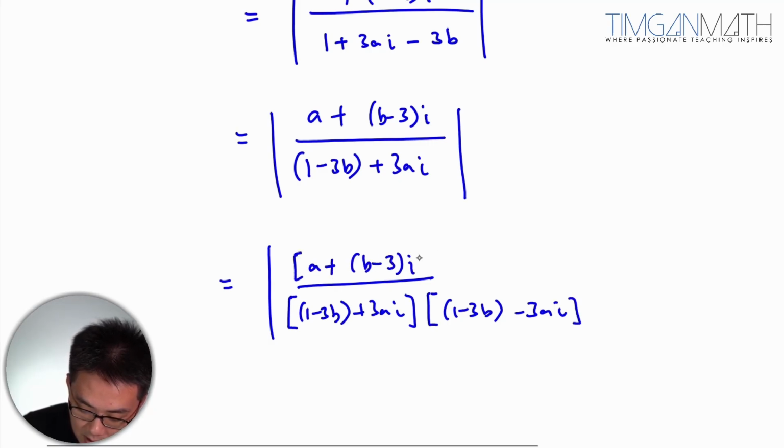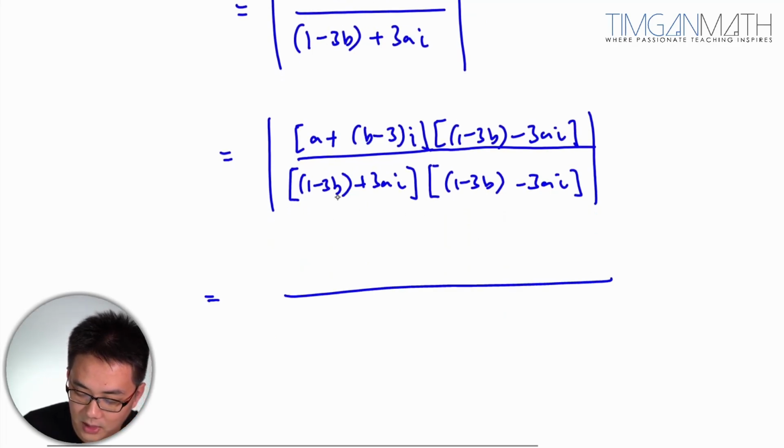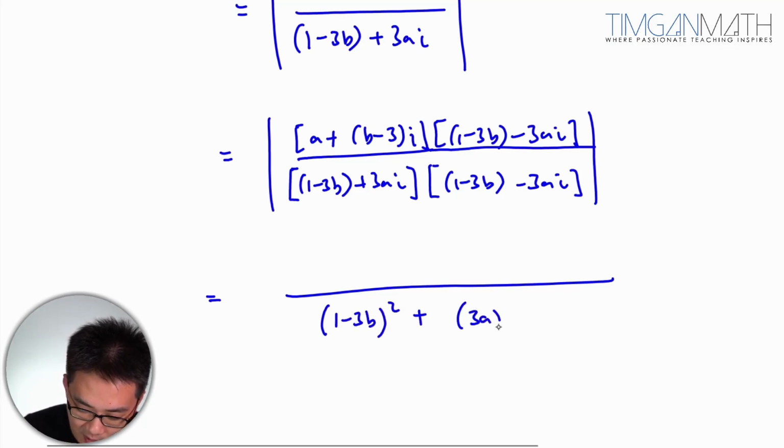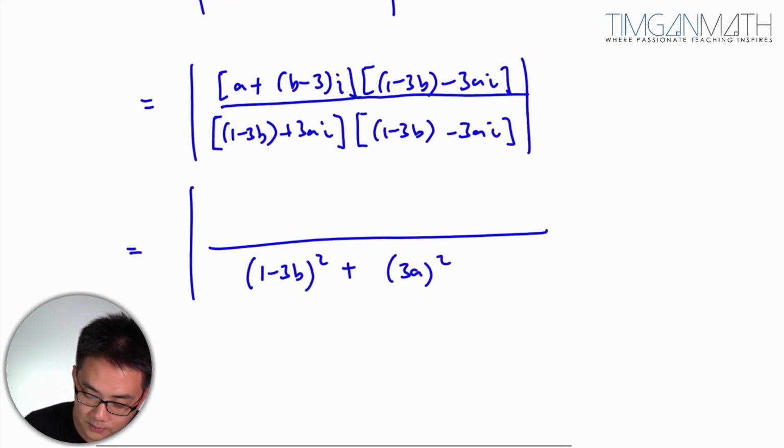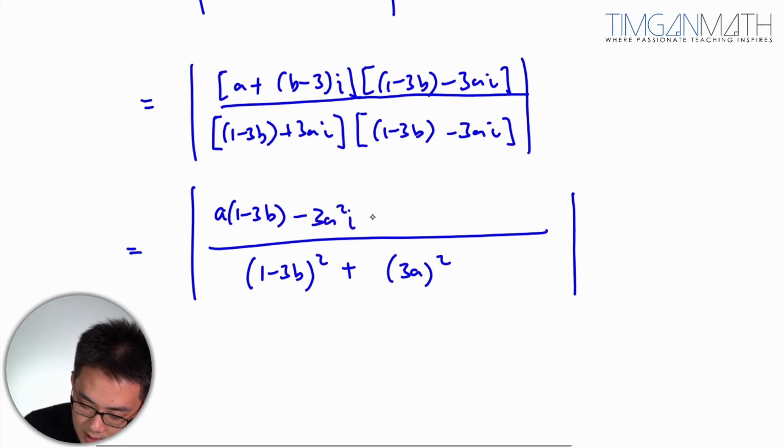We have done this many times, so the conjugate terms will just add up, right? So 1 minus 3b square plus 3a square. Just remember that. Important. Helps a lot. So this is 1 minus 3b, and after which you have got minus 3a square i plus (b minus 3)(1 minus 3b)i.